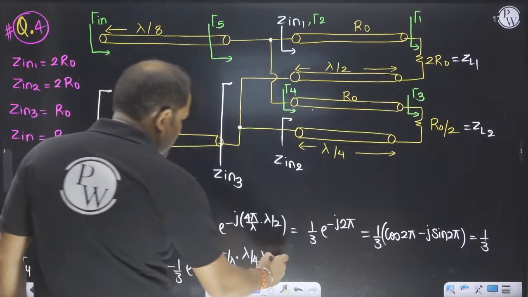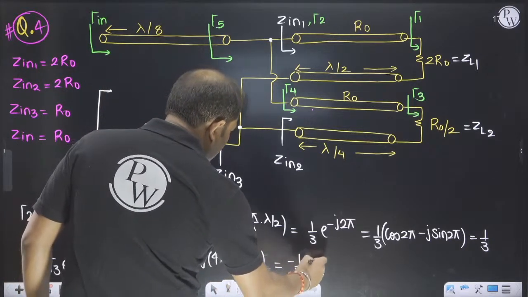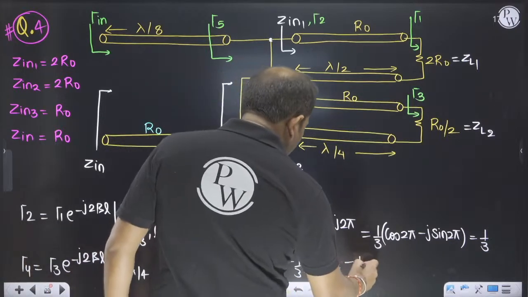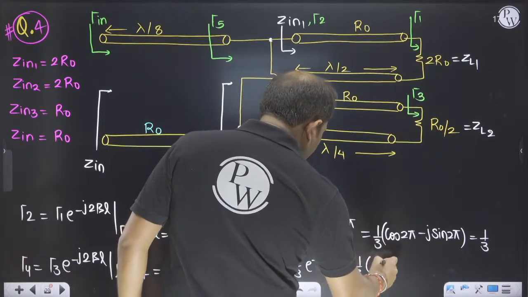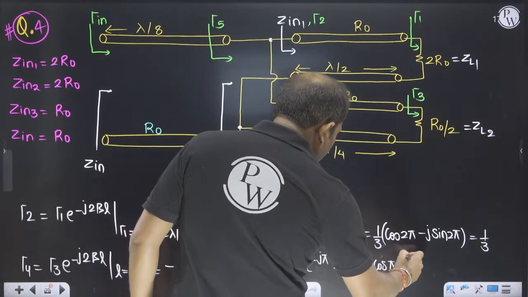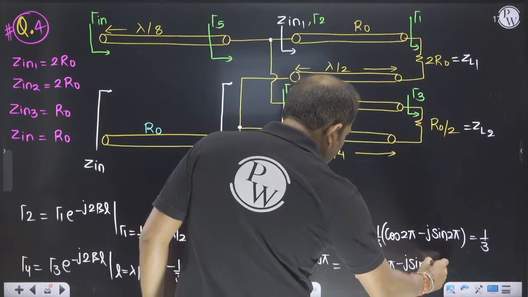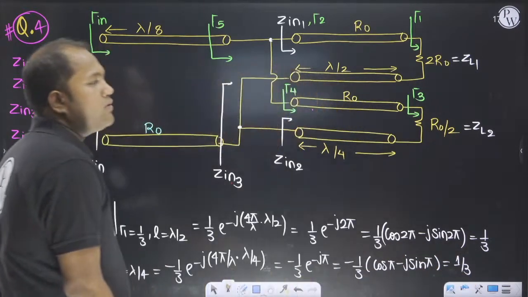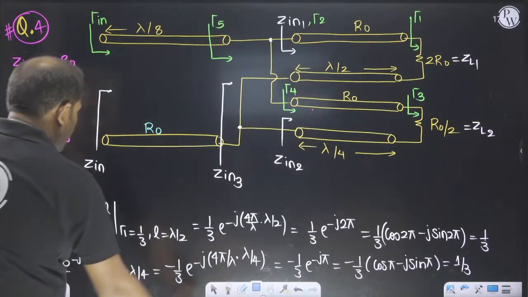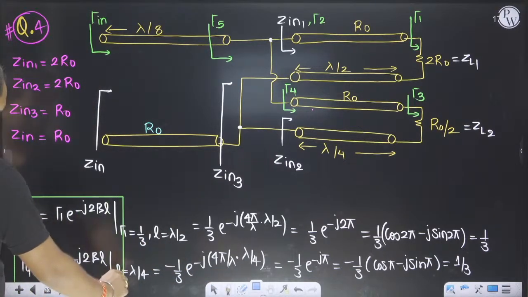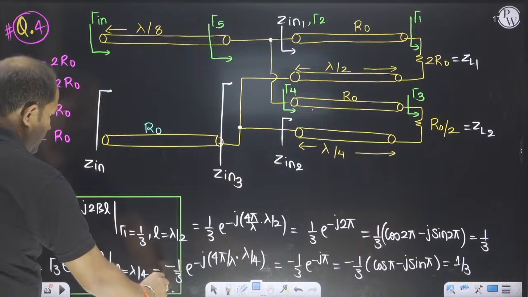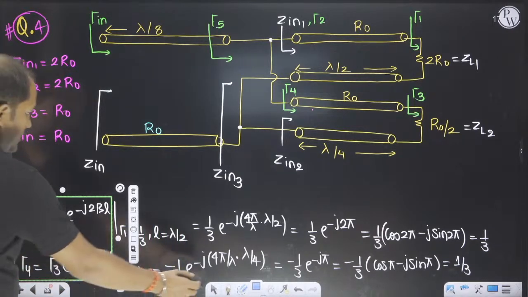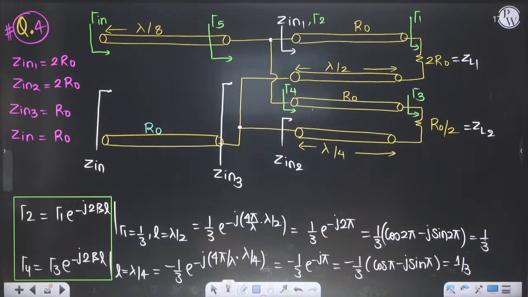So it is e to the power of minus jπ, which is cos π minus j sin π, giving minus 1/3 cos π. It will be 1/3. This formula is very, very important for me.